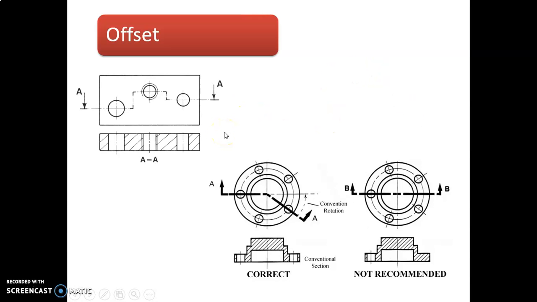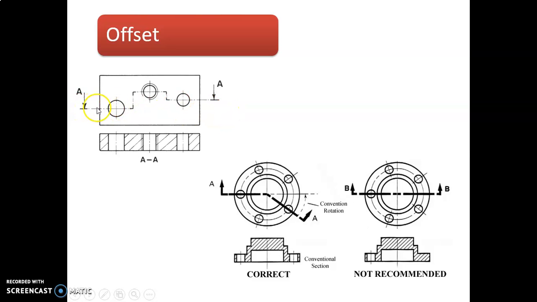Okay, what is offset? Offset means the line that we cut is not a straight line. It means we do not cut straight. For example, from this end to this end is not a straight line.